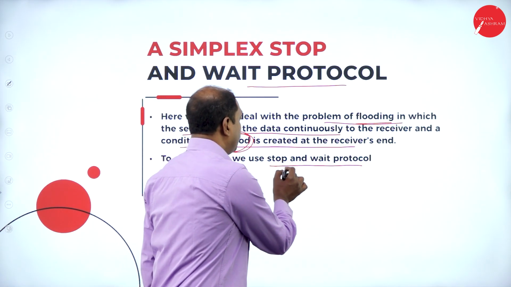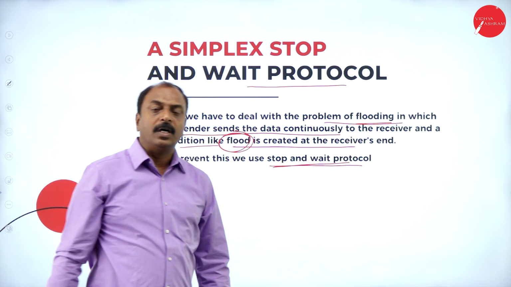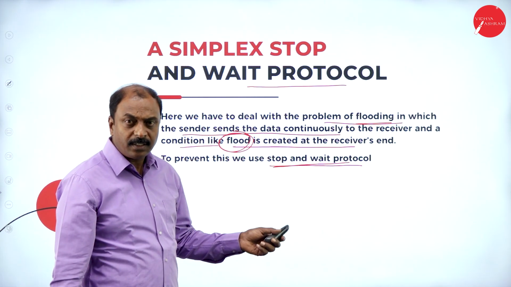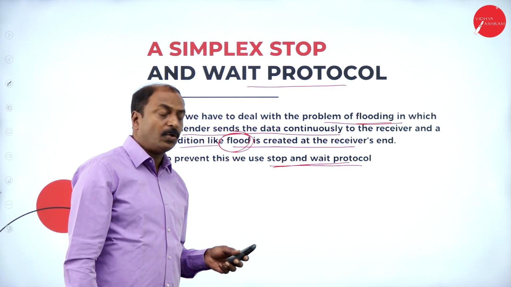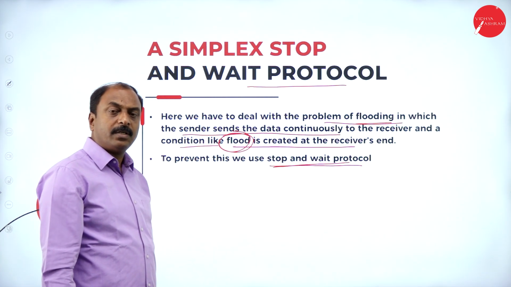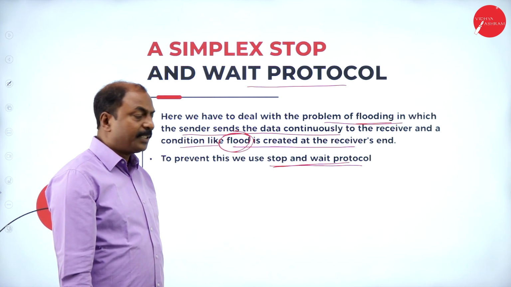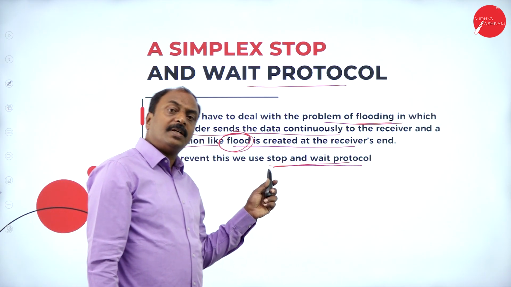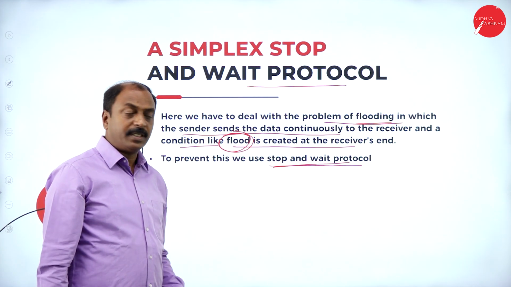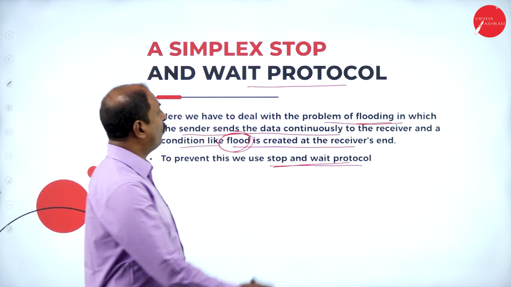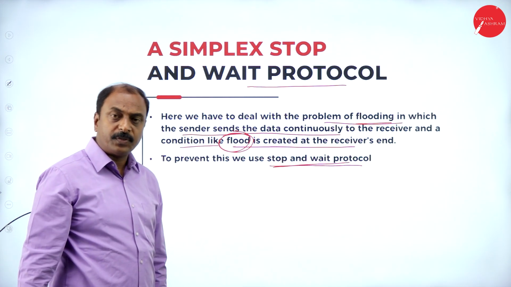This works with respect to acknowledgement: the sender sends the data and waits for acknowledgement. Until the acknowledgement is received from the receiver, the sender will not transmit the data to the receiver. So this is a technique or a method to avoid flooding in networking.